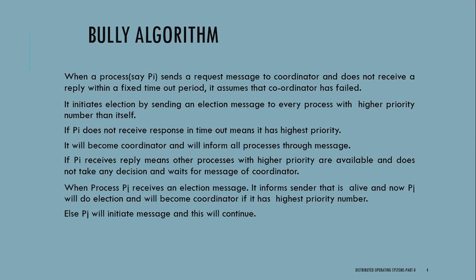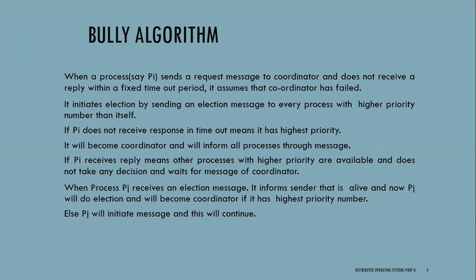It initiates an election by sending an election message to every process with a higher priority number than itself. If Pi does not receive a response in the timeout, it means it has the highest priority. It will become coordinator and will inform all processes through a message. If Pi receives a reply, it means other processes with higher priority are available, so it does not take any decision and waits for the message of the coordinator.